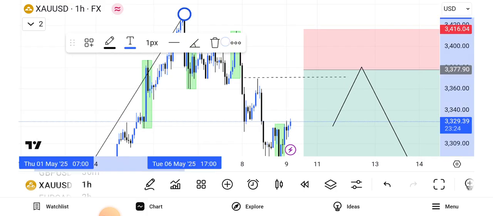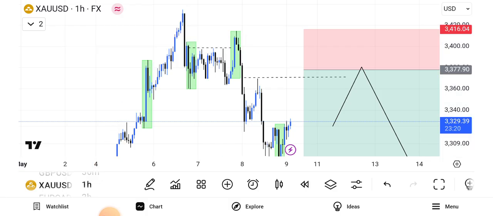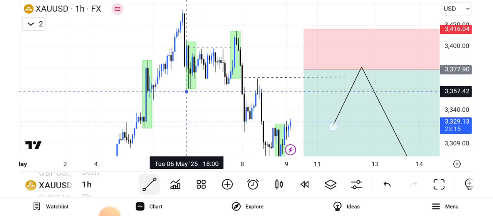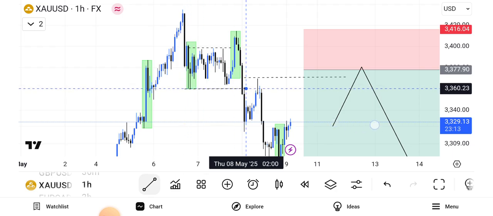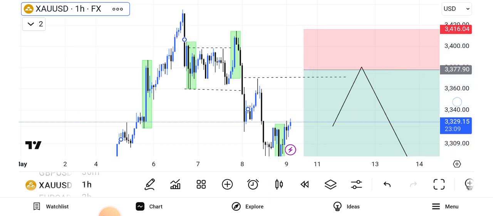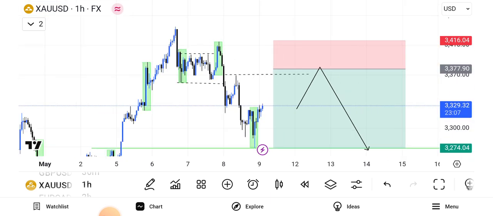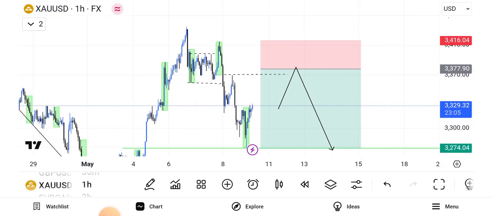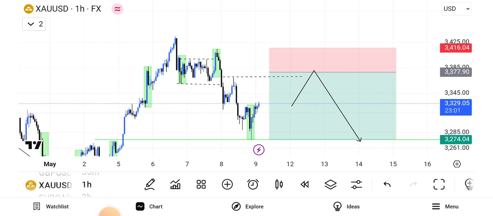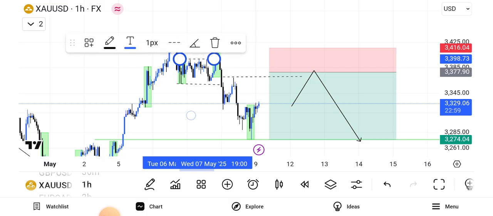Let me mark that out. It gave us a break of structure to the downside, like right here. So when it gives this break of structure, what does it mean? It means that the current internal structure is bearish. Price is moving downwards, right? So it took out this range.